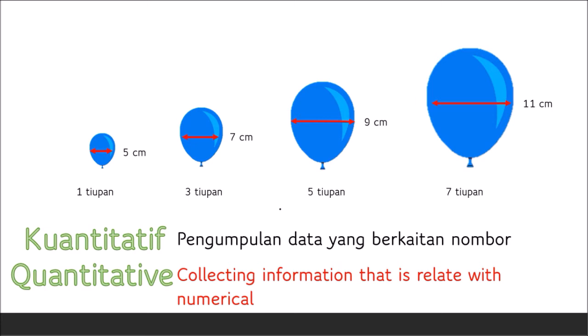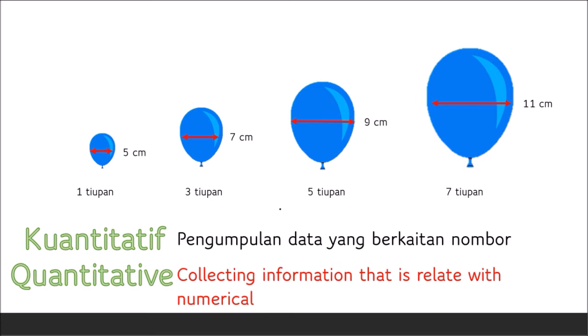The second one is quantitative observation. What is quantitative observation? It is observation involving numbers or quantities. Tools like the balance, ruler, meter sticks, and measuring cups are used in gathering quantitative observation.